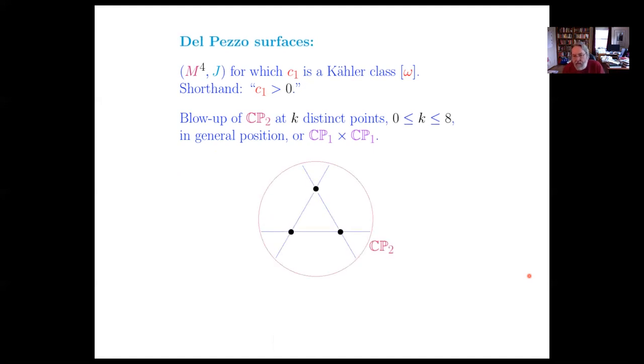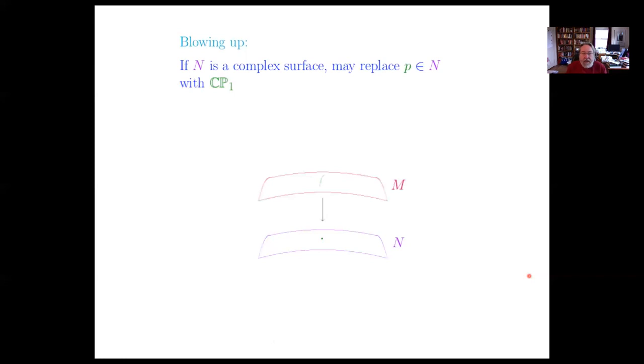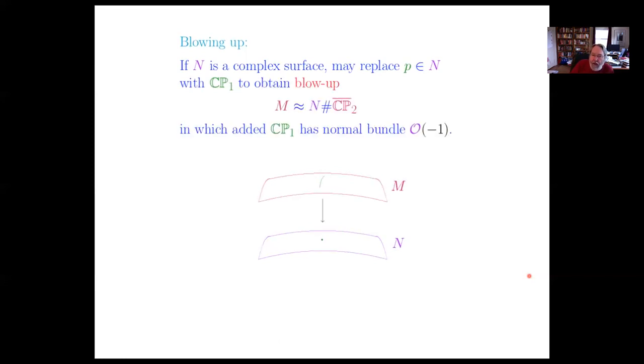So, for example, if you take CP2 and blow it up at 3 points where the 3 points are not on a line, that would be an example of a del Pezzo surface. Now, blowing up is a process where if you start with a complex surface, you can replace any point on it with a CP1 whose normal bundle is the Chern class -1 line bundle over CP1.